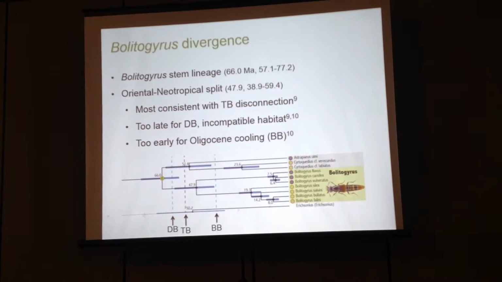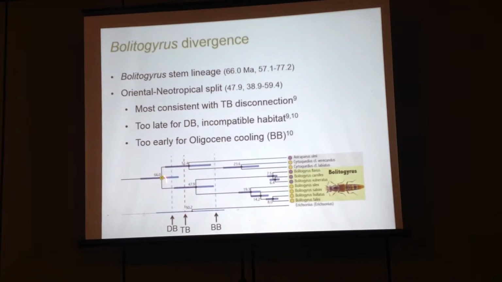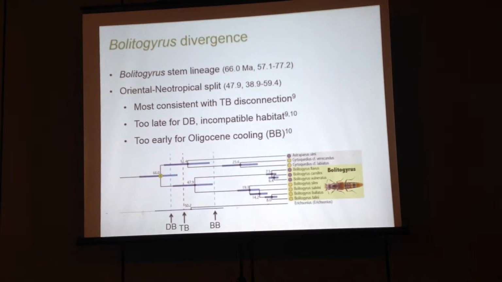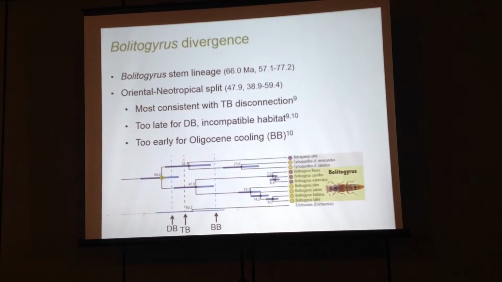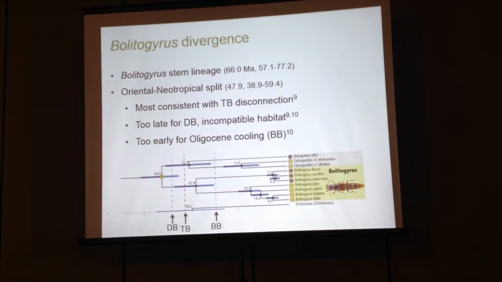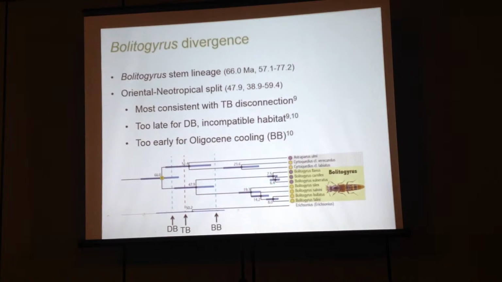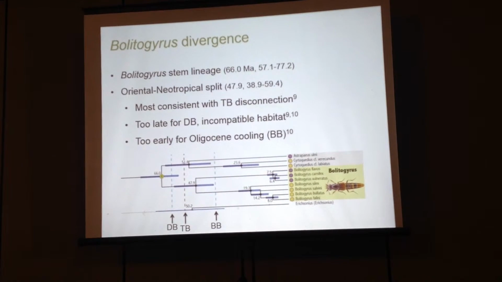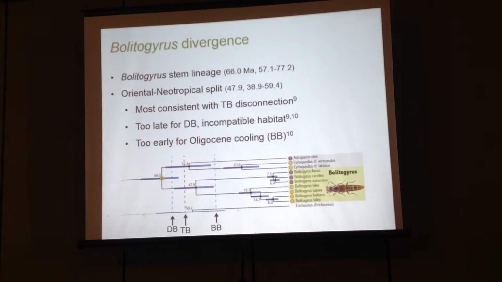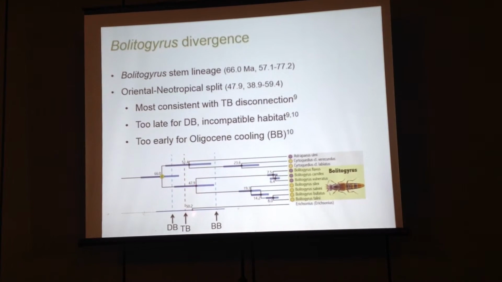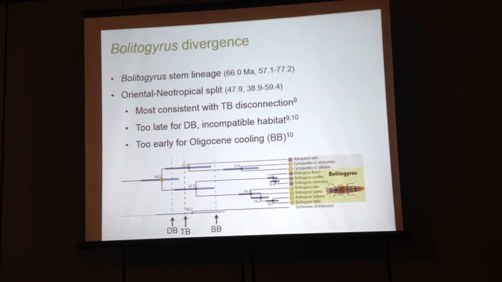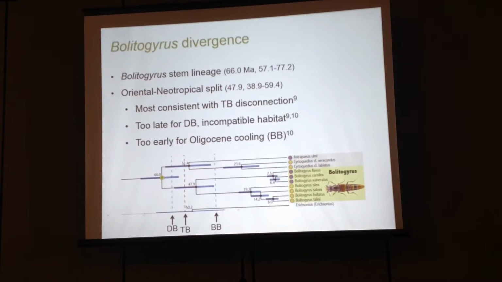So what we have in Bolitogyrus is that the stem group of Bolitogyrus is about 66 million years old, which fits the age of boreotropics, and the disjunction between the neotropical and the Southeast Asian Bolitogyrus clade is about 50 million years old, which is a little bit after the disconnection of the Thulean bridge.